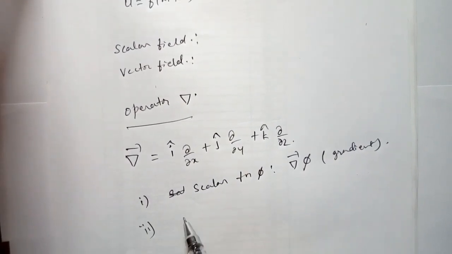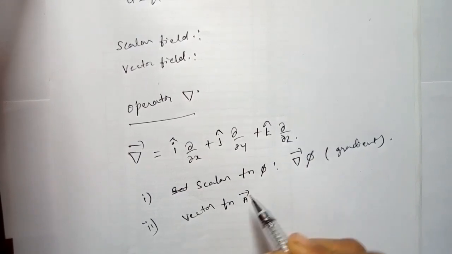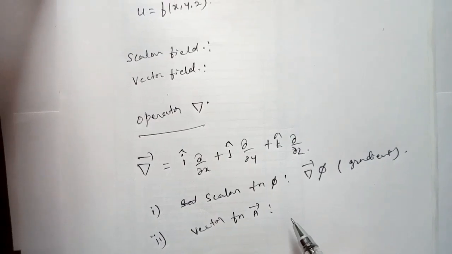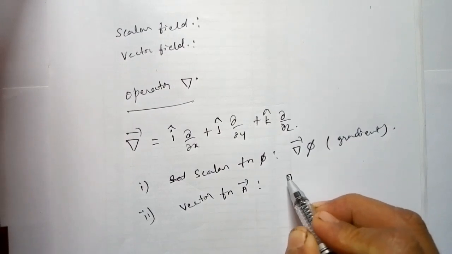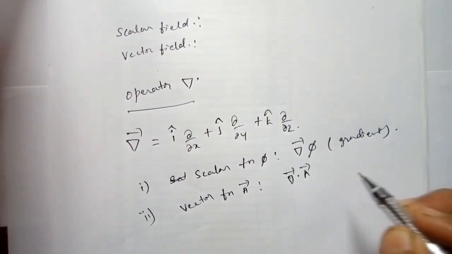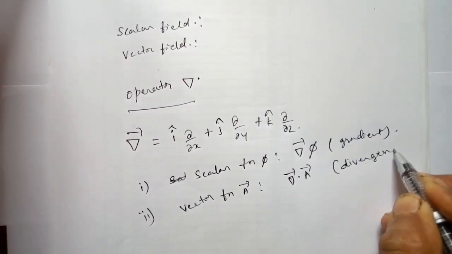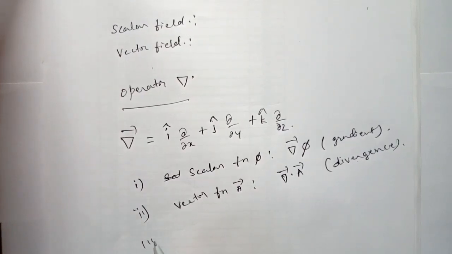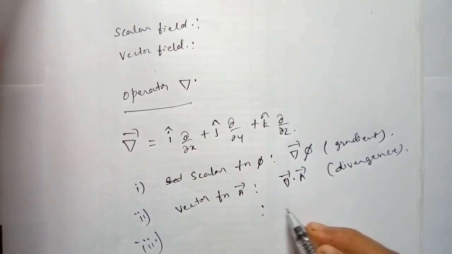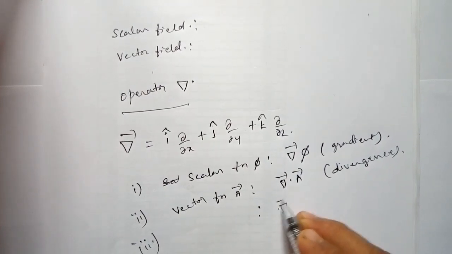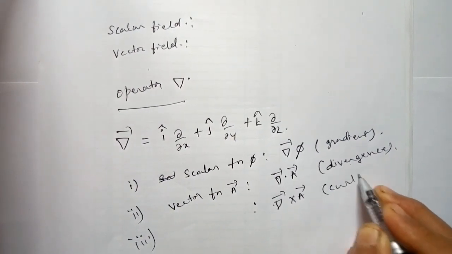It can also operate on a vector function, let us say A. There are two ways by which it can operate on a vector function. One is the dot product, del dot A, which is called the divergence. Similarly, the cross product, del cross A, we call the curl.